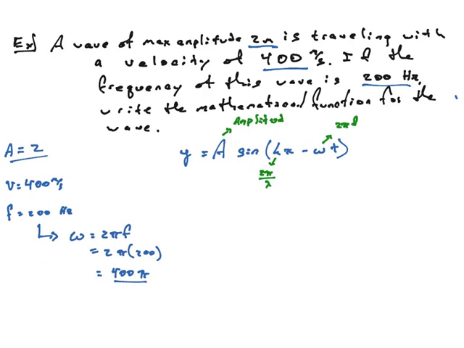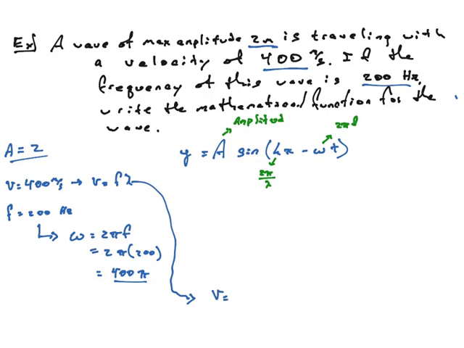Now I need k. k can be gotten from lambda, which is wavelength, but I don't have anything about the wavelength here. What I do have is this velocity, and I know that velocity is frequency times wavelength. So I can calculate the wavelength from this and then use the wavelength to give me k. So that's what I'm going to do. Let me do it down here.